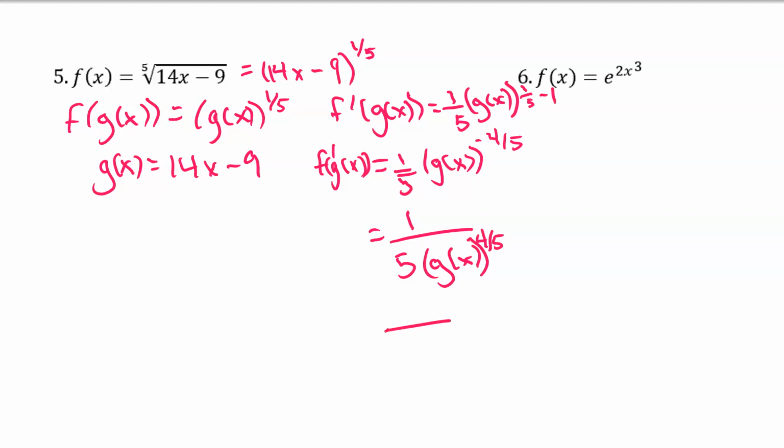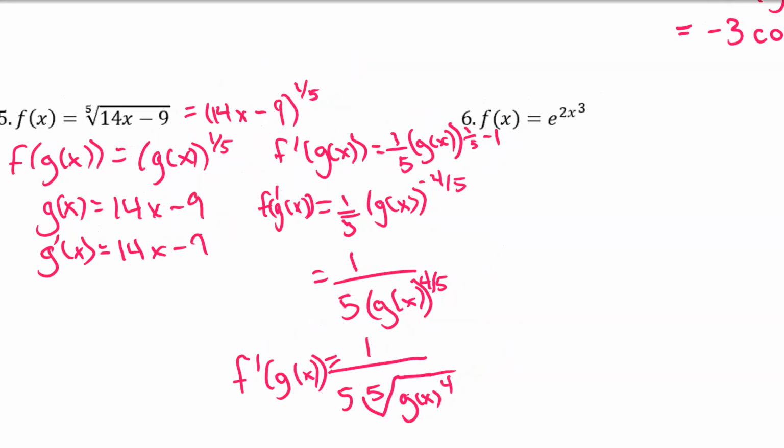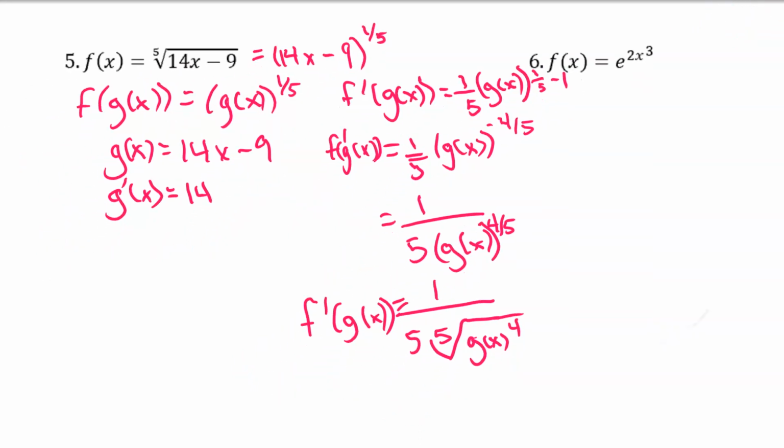And then the 5th is the same as the 5th root. So that's my derivative of the outside with the inside staying the same. So yes, that one's a little more long-winded. All right, and then we're looking at this derivative of the inside, which is blessedly short. The derivative of that is 14.